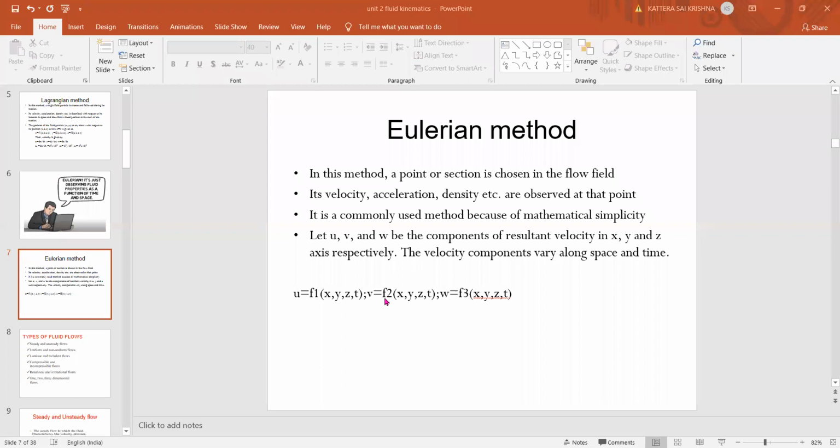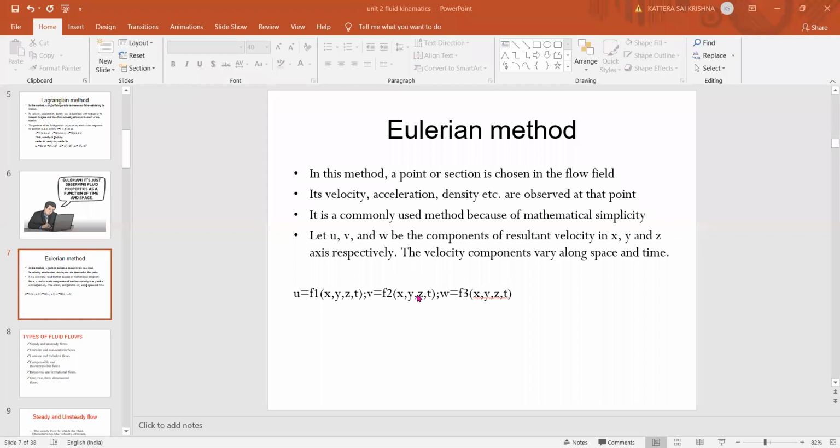Similarly, v, the velocity in the y direction, is equal to f2, a function of x, y, z and t, because since it is the same fluid, you get the same terms in all the directions. So this is your Eulerian method.